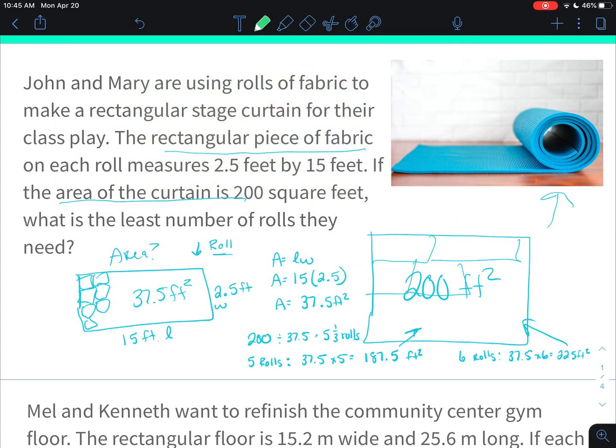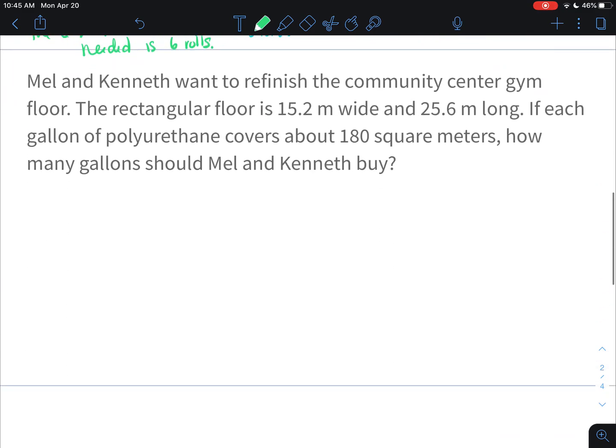So the least number of rolls needed is 6 rolls. Okay, I would pause the video, copy that down, and try to figure it out on your own if you did not understand it as I went. The main point is that you go away from this understanding how to do these word problems. So I have one more for you.